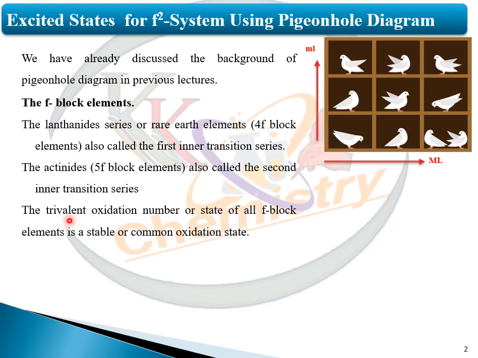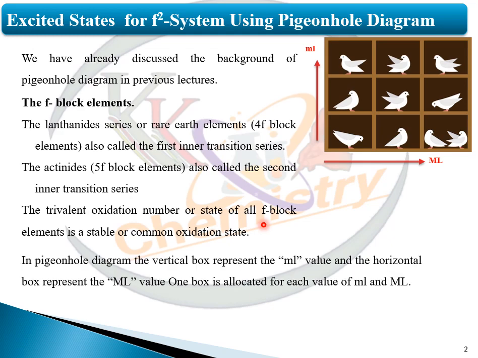The trivalent states of these f block elements are highly stable, or you can say favorable. In pigeonhole, like we have previously discussed, we can have an ml value for a particular orbital in any subshell, and the resultant value comes in the form of ML.